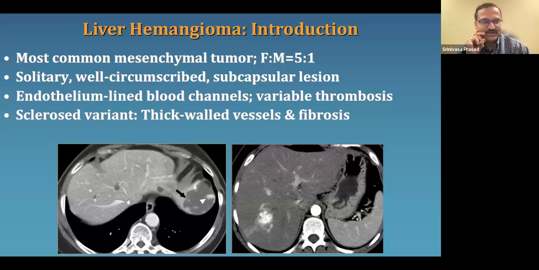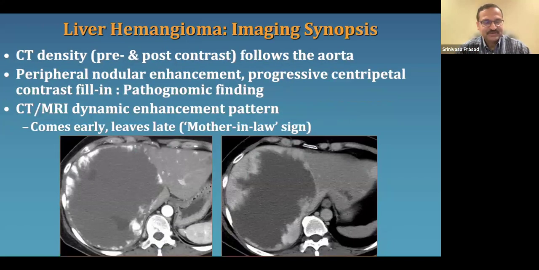They can be multiple as well, but there are some characteristic findings of hemangiomas that allow us to confidently diagnose, with the exception of the so-called sclerosed hemangioma, which consists of thick-walled blood vessels and significant thrombosis and fibrosis, which make it somewhat more challenging to diagnose.